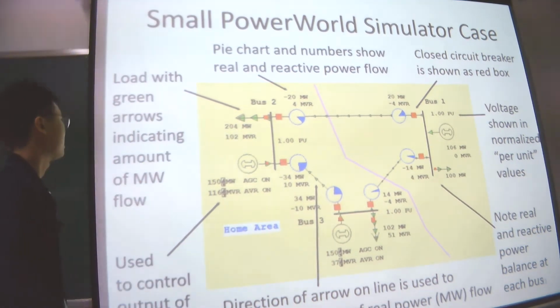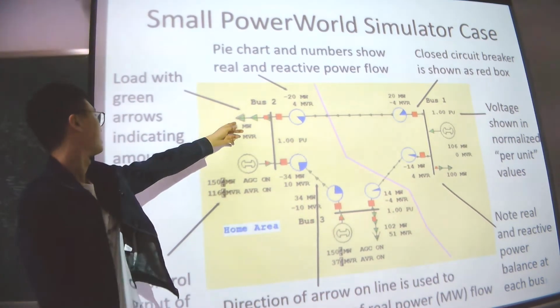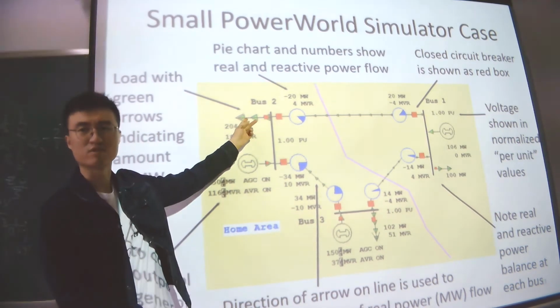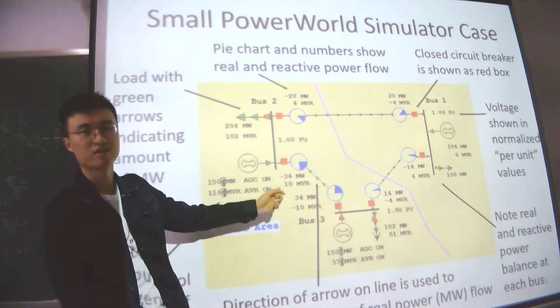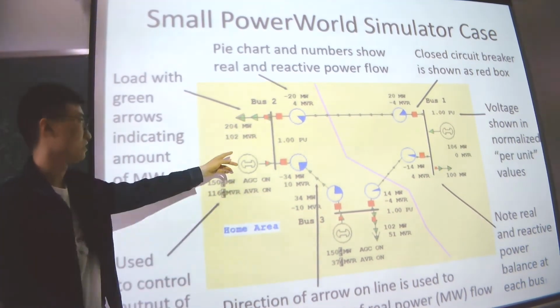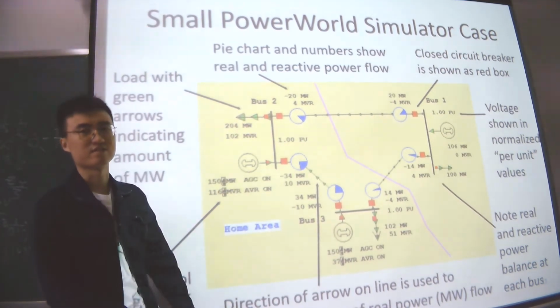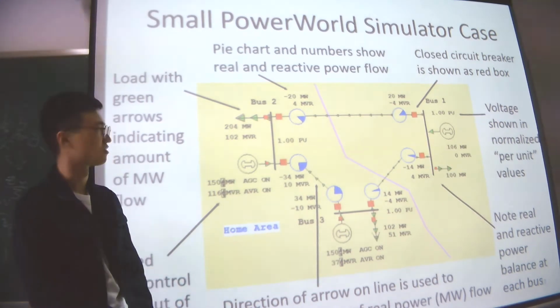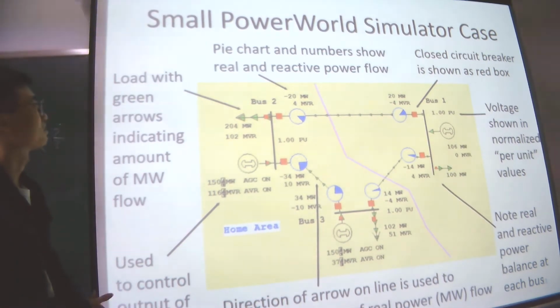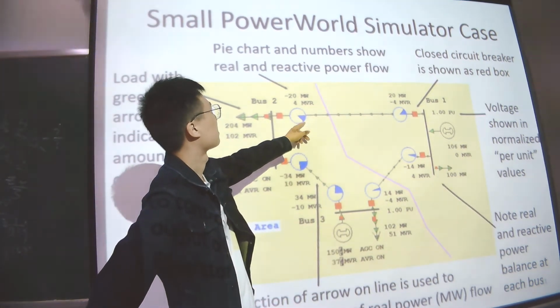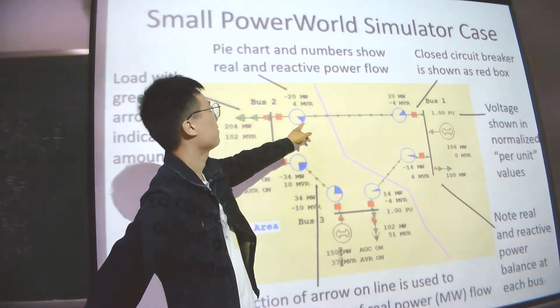It's not a green arrow, it is the amount of this load. So it also indicates direction or not direction. Load, yes. Okay, actually I've never used PowerWorld before. So the type chart, right? It shows the real and reactive power flow, right?